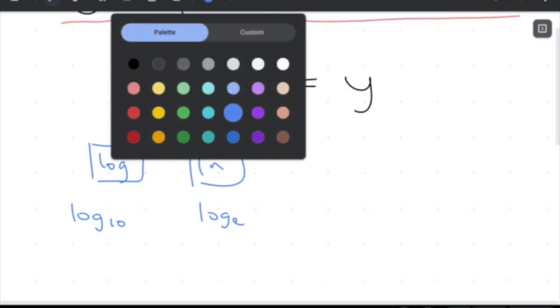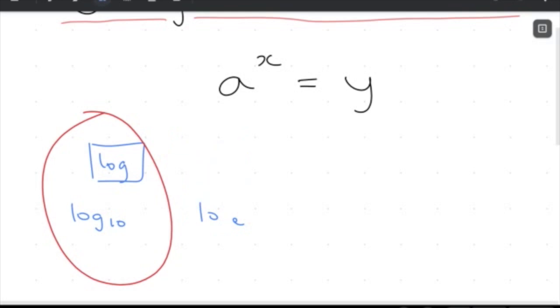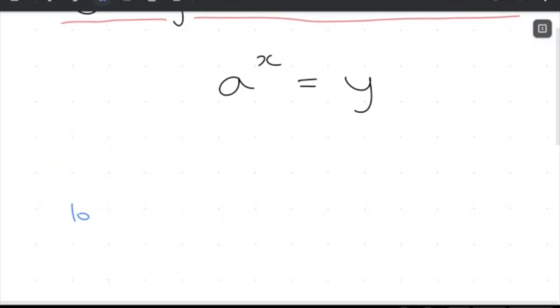We're not really going to talk about ln in this video, we'll talk about that a little bit later. We're mainly going to be focused on the log button, which allows us to evaluate logs. So we're going to take the log to the base 10 of both sides.